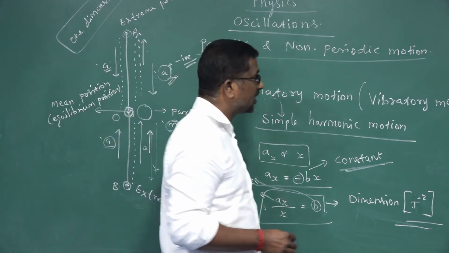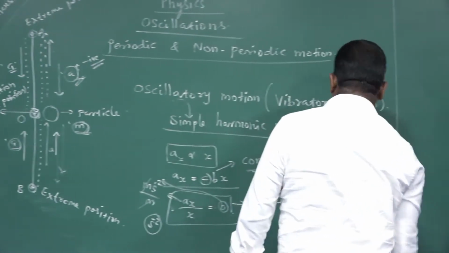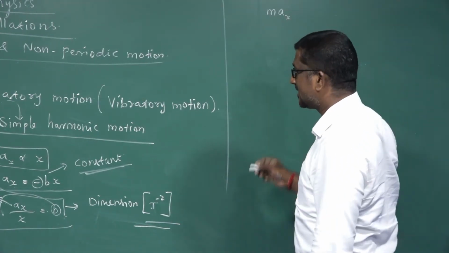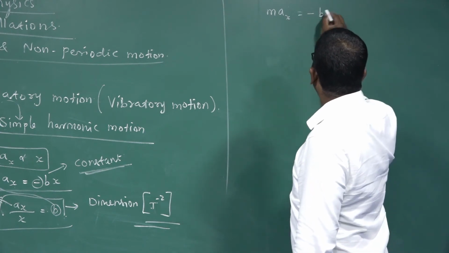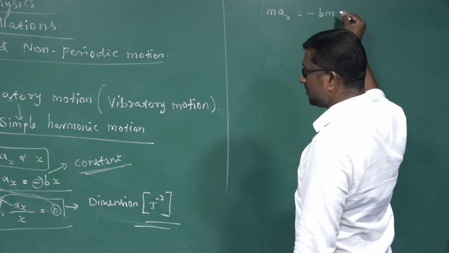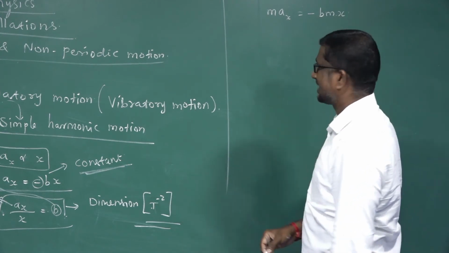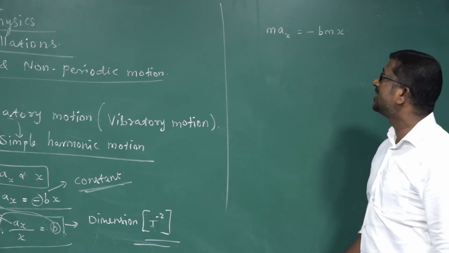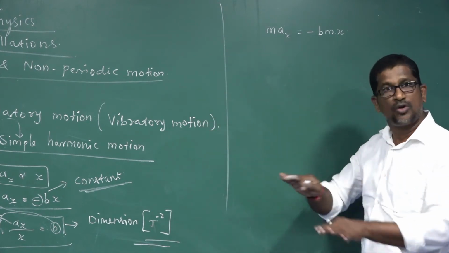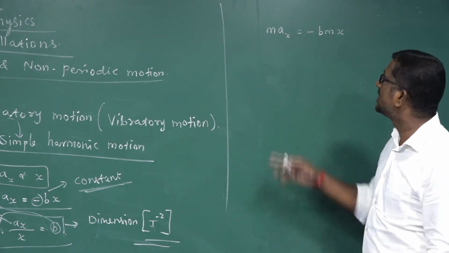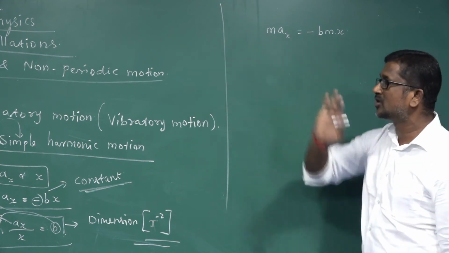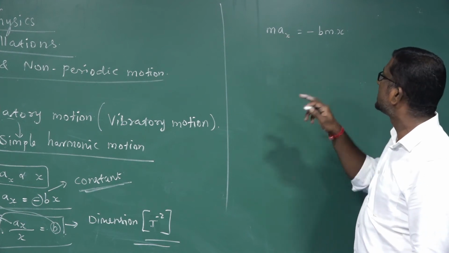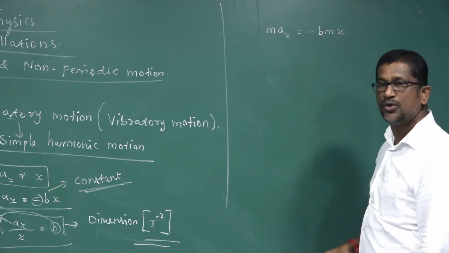Then this equation becomes m into A suffix x is equal to minus b m into x. If the same value is multiplied on both sides of the equation, that value should not be changed. So m into A suffix x is equal to minus b m into x.